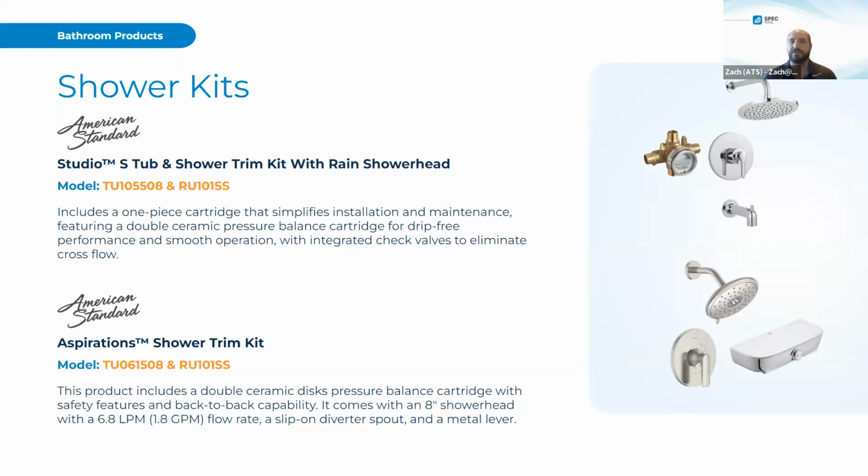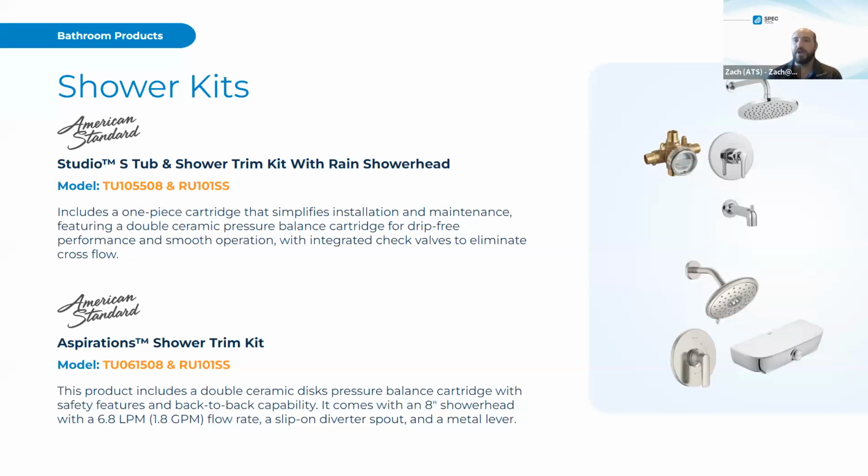That rough-in valve is going to remain the same, and then the trim can be pieced together, so you could have the top shower head with the bottom trim. It's very interchangeable, very cookie cutter, so that you can have consistency of installation and customization of the finishing items.